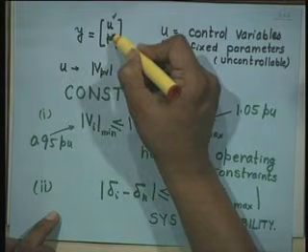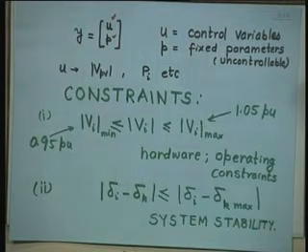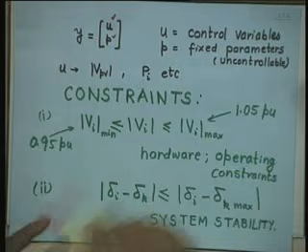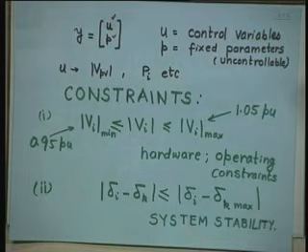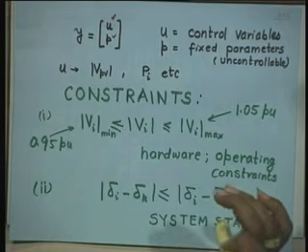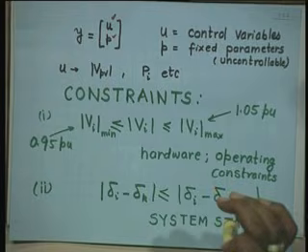Any problems so far? As I was saying, this y can be further divided into two sub vectors, u and p. u are control variables and p are fixed parameters, and indeed some of them are uncontrollable.